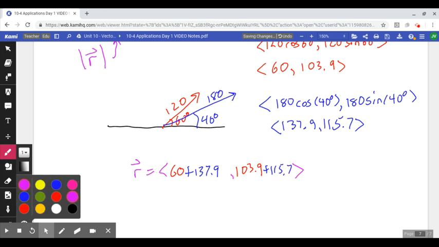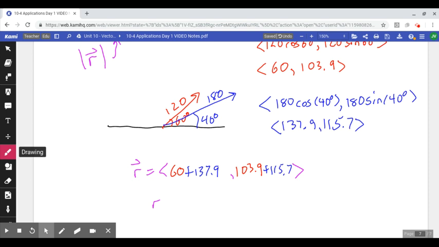We can actually just add those up now. So we've got this new resultant vector at 197.9, and then also at 219.6. Okay, so we got 219.6 if we just add those y components up.